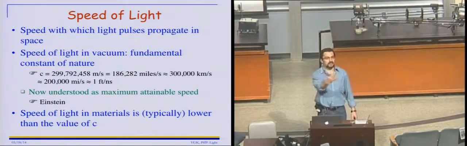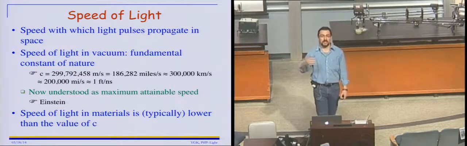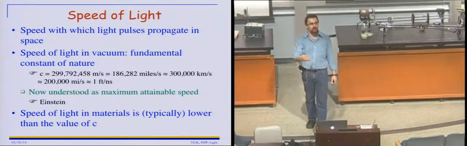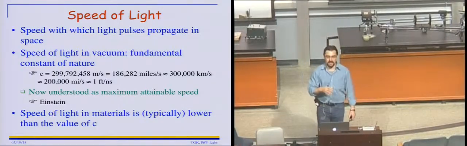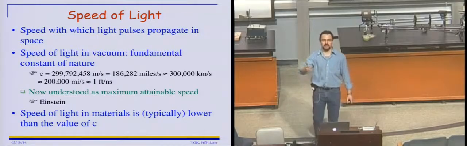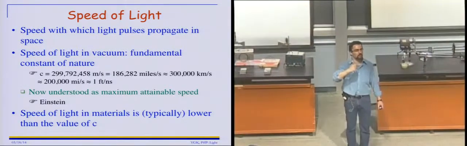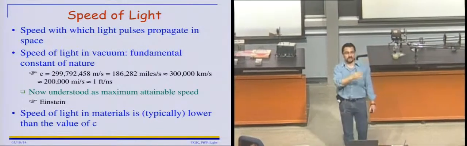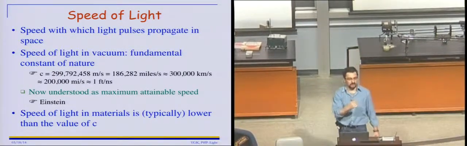Now, when light propagates through some materials, or some mediums, through air or through water, it typically gets delayed a little bit. And it gets delayed because it has to interact with the molecules in that material. Those molecules absorb a bit of electromagnetic radiation and reemit it, or they slow down the propagation.